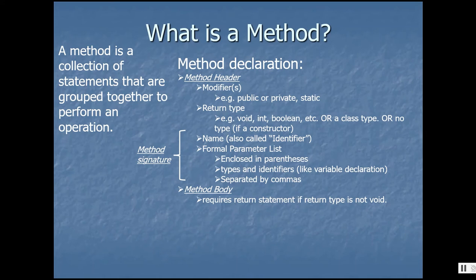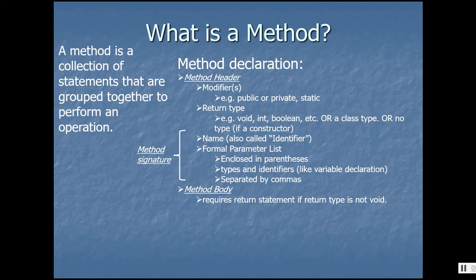Let me also say this. All methods will have some kind of a return type, either integer or Boolean or whatever. And if they have integer or Boolean or whatever, then they will be returning a value that you can use. In fact, something that would be an expression. There's also methods that have a void, which means they don't return any value.